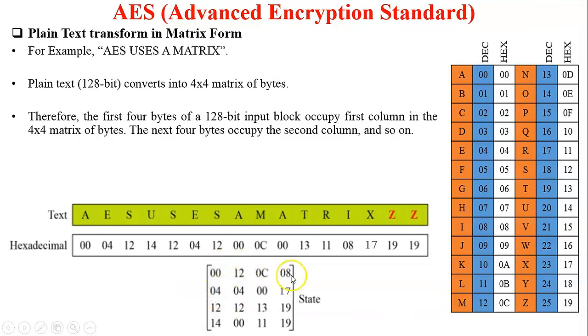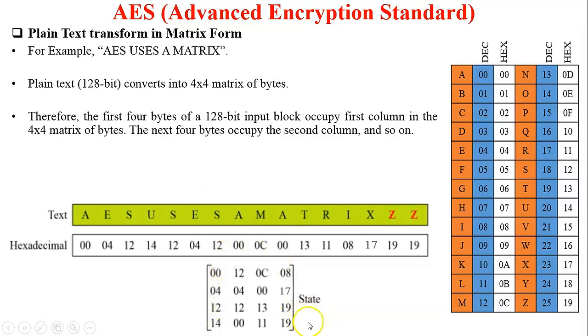So now you can see this is a 128-bit matrix. Why? I am explaining here. 00 means this is 1 byte. So 2 bytes, 3 bytes, 4 bytes, 5, 6, 7, 8, 9 up to 16 bytes. 16 times 8 is equal to 128 bits.